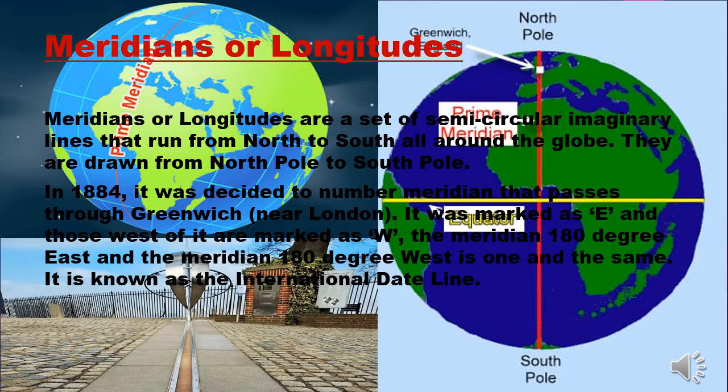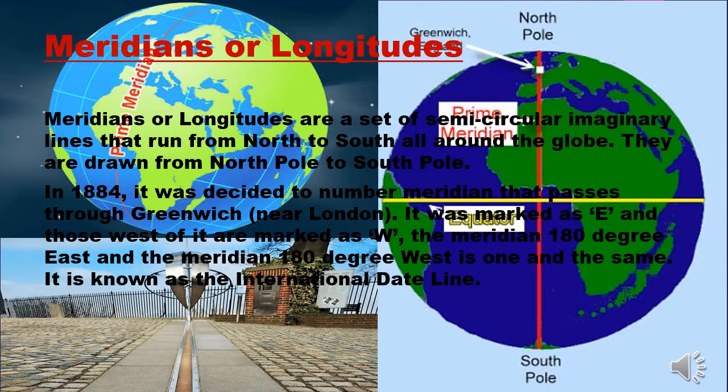The prime meridian divides the earth into two, the eastern hemisphere and the western hemisphere. Thus, a meridian east of the prime meridian is marked as E, which stands for east, and those west of it are marked as W, which stands for west.